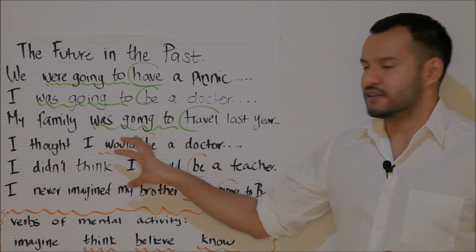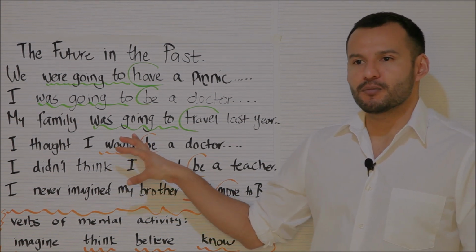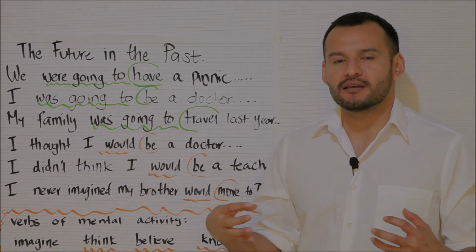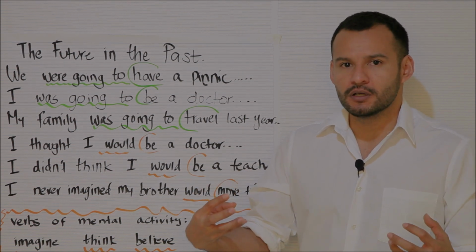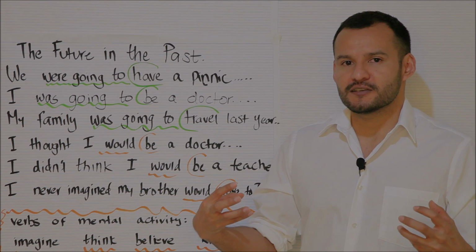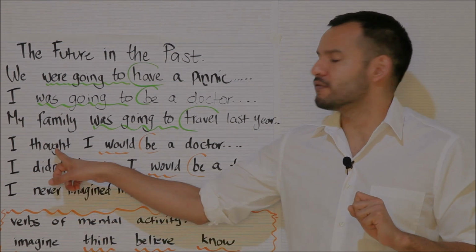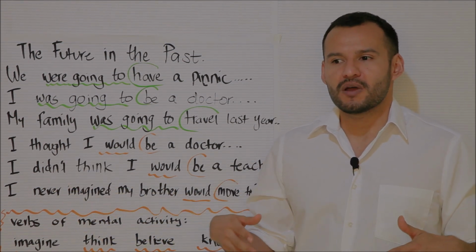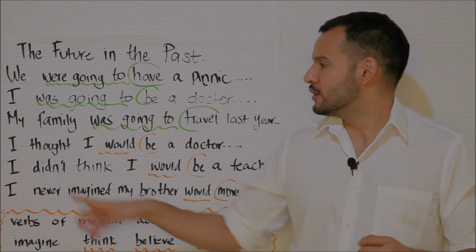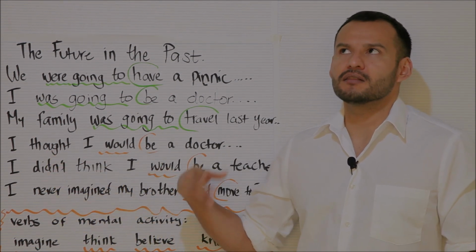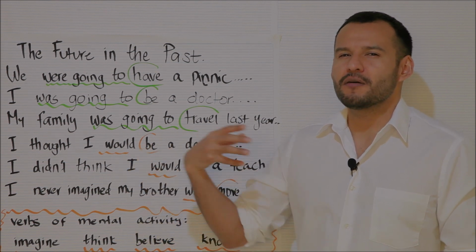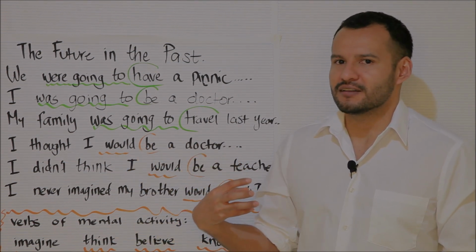And for this second structure, it is important to note that it doesn't really matter if the plan or the prediction came true. You can use it in both cases, although typically you can find a clue as to whether the plan came true in the main verb of the sentence. So for example, if you say, I thought I would be a doctor, then you're probably hinting that it didn't happen.